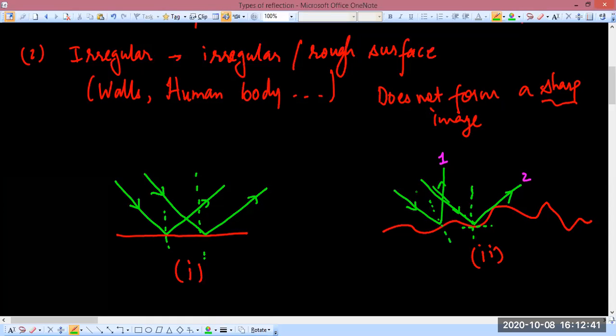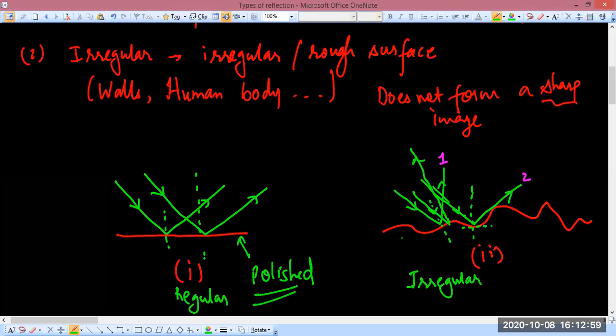Suppose you take a third ray here, that's going to go away in a different direction. You never know where it will go. So this is called irregular, and this is called regular. Any polished surface gives regular. That's simple. There isn't much else to think about in that.